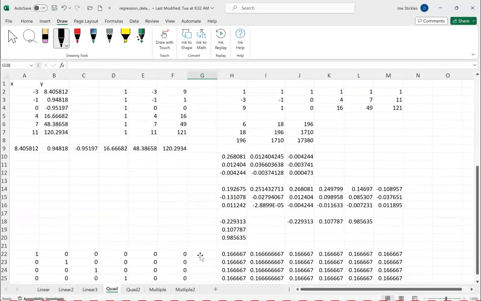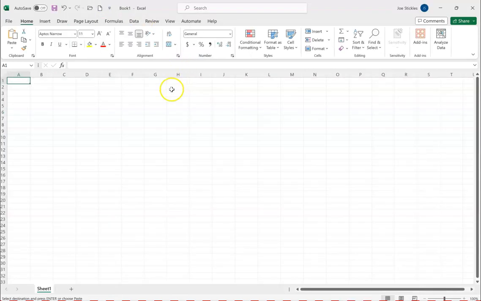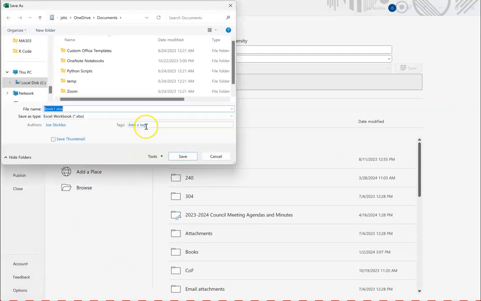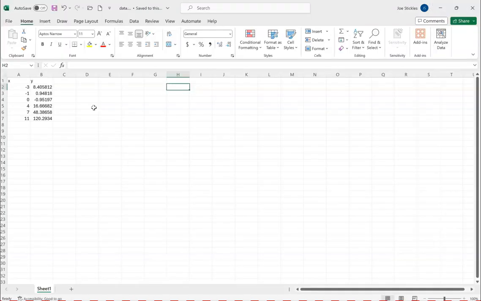Again, we could check this in R pretty quickly. Let me make a new file here and save it as a CSV real quick. It's in my documents already. I'll call it data again. Oops, not in Excel.